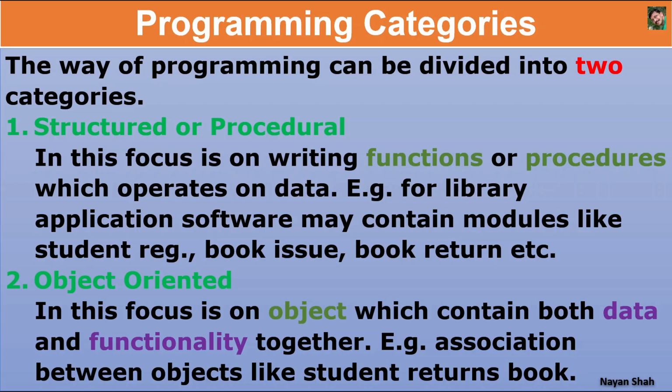For example, an association between objects like student returns book. There the data is contained and its functionality is also contained together. So that is object-oriented programming: the focus is on the object, which contains both data and functionality, whereas in structured or procedural programming, the focus is on writing functions, methods or procedures.